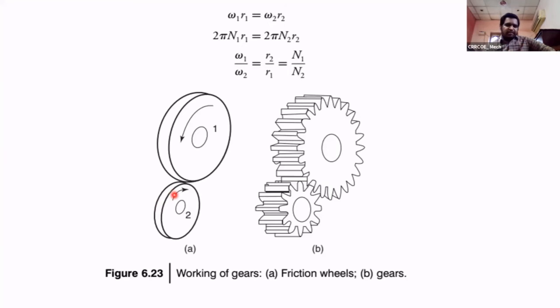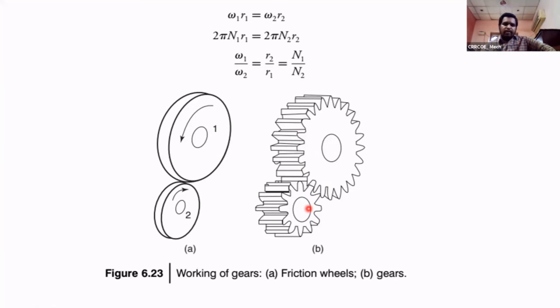Previously we had friction wheels, but the main disadvantage of the friction wheel is the possibility of slip. To avoid the slip in friction wheels, we arrange teeth at the periphery of the wheels. By engaging the teeth, we can transmit the motion from one shaft to another.